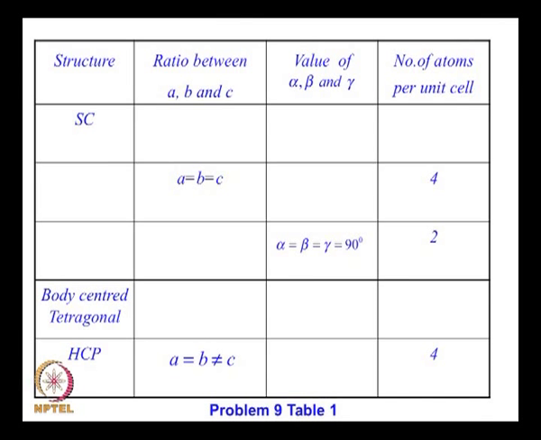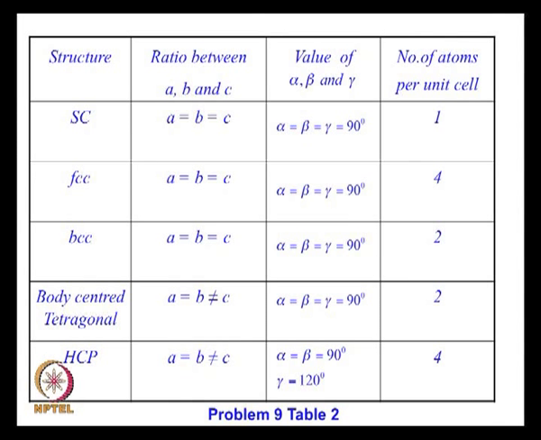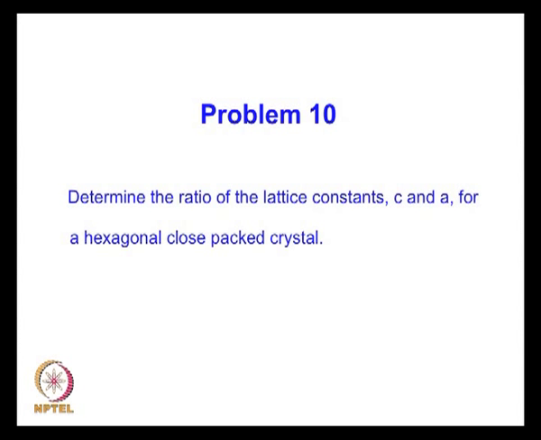There are several blanks and the next table gives the answers with the missing entries filled in. So, the answers are obvious. I do not provide any explanation; the table is self explanatory. The next problem, we are asked to determine the ratio of the lattice constants.